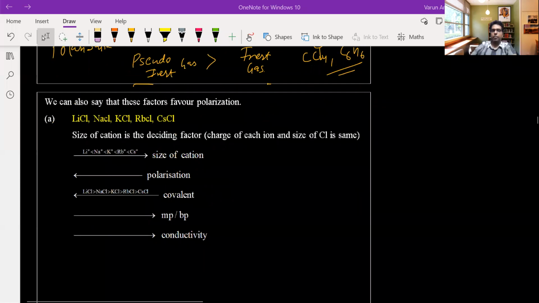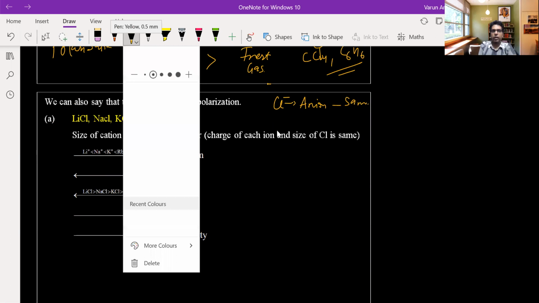Now come to this example. So in this example, what is happening? The anion, chloride ion, is the same. So what is changing? Basically, only the cation is changing.